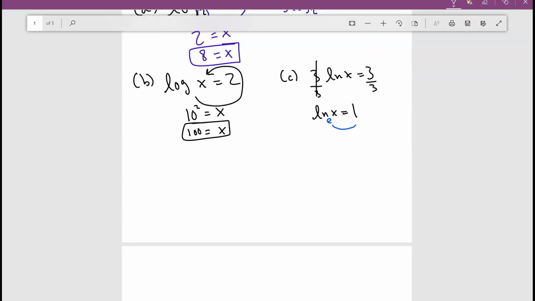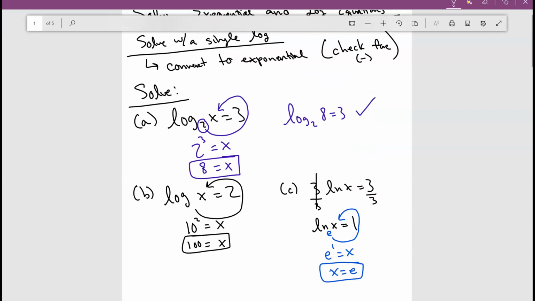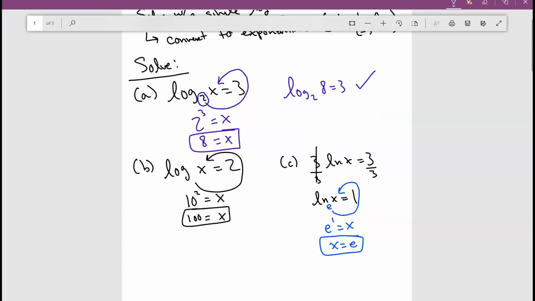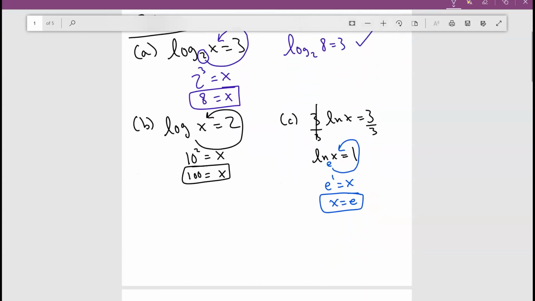So you take e and raise it, so e to the first power is equal to x. Basically x equals e. You don't need to write 2.71, just leave it as e. A single log is not too terrible. Always check for negative values.